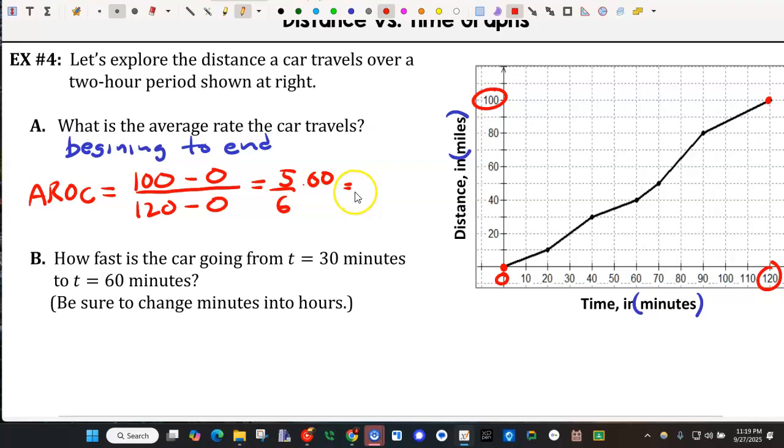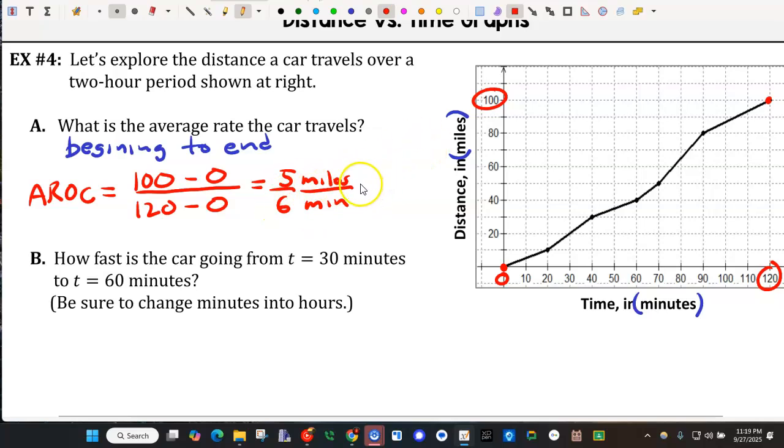Now let's look at this as units. So remember, the top is miles, and the bottom is minutes. So this is saying you go 5 miles every 6 minutes. It's not really a good indicator of how fast you're going.